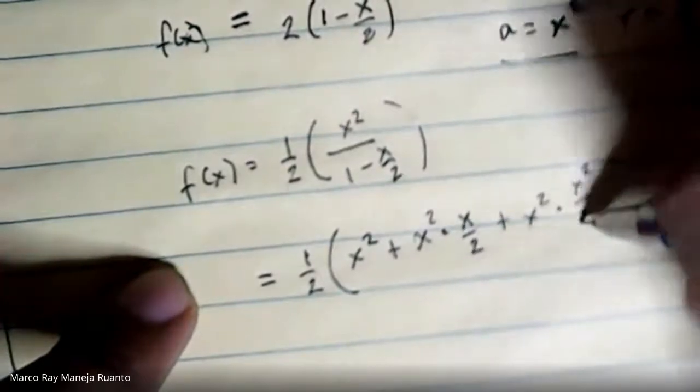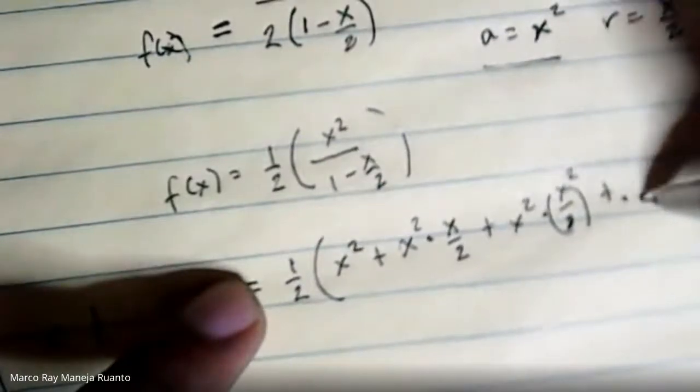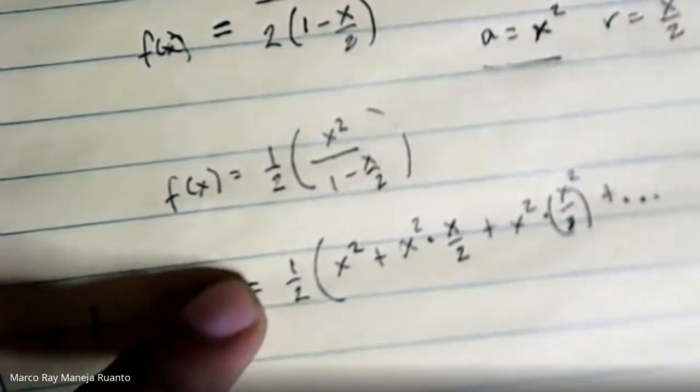So x squared times x over 2 squared plus so on.